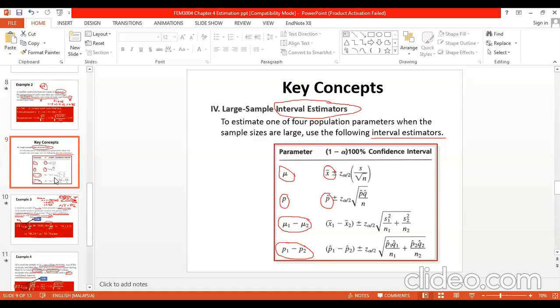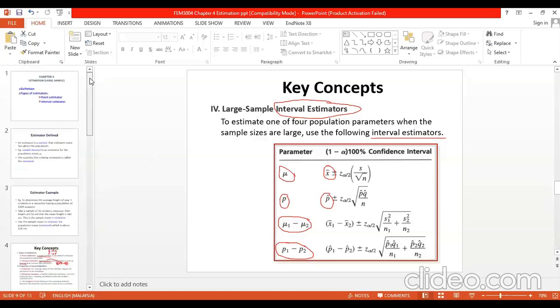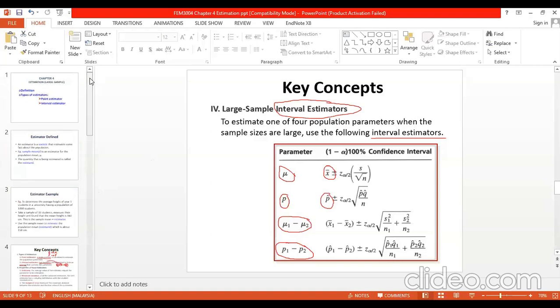So this is the formula for interval estimator. It's okay, you can try at home. If you do not understand, you can ask me. And for the critical value, you can refer to the short video that I have provided to you. I will attach all these notes and the short video in Putra Blast. You can refer to Putra Blast.